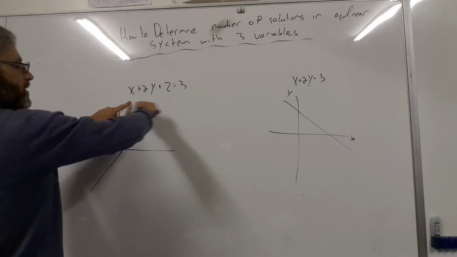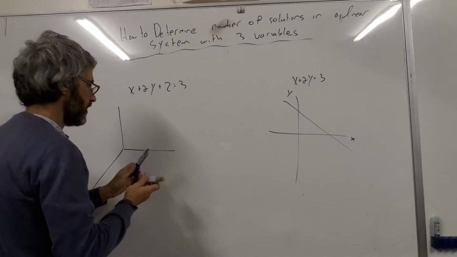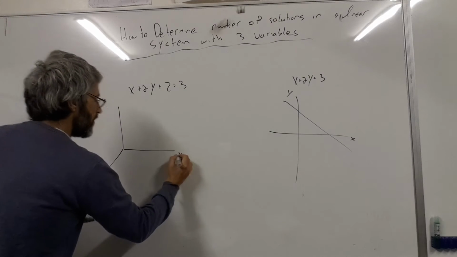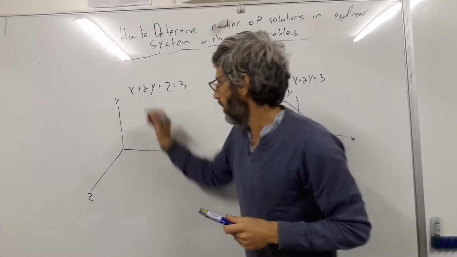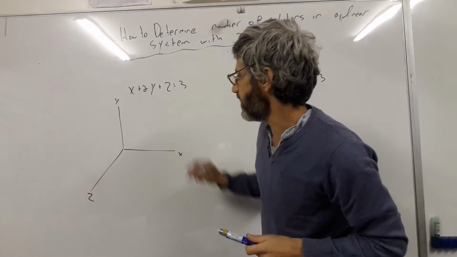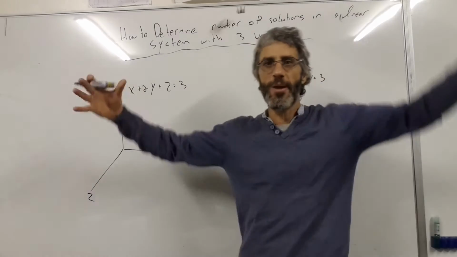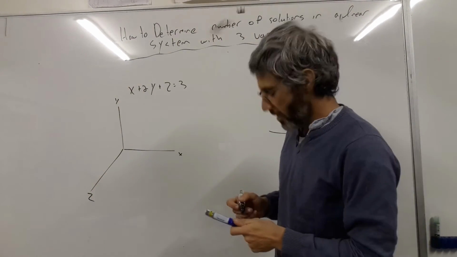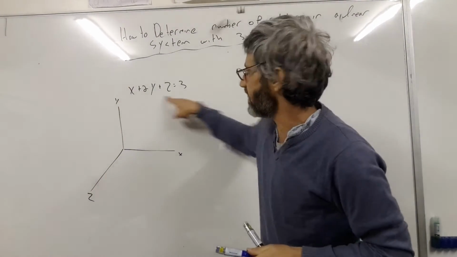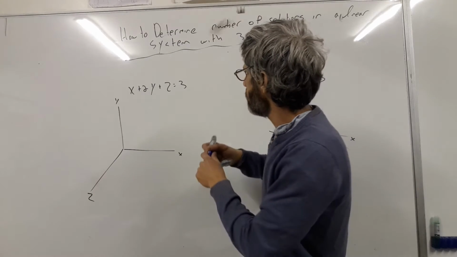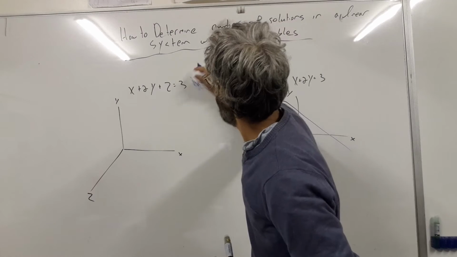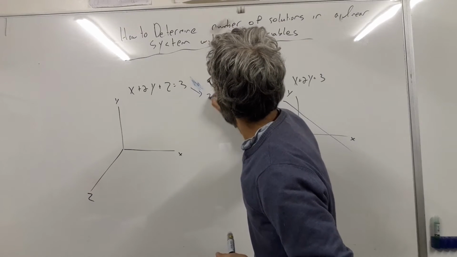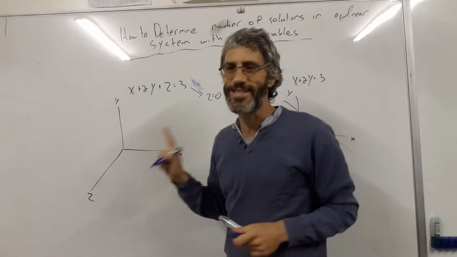So I've got 3 variables. I think this is maybe the first time you're seeing Cartesian axes with 3 variables, a 3-dimensional space. Now, to see that this thing is really a plane, let's write it down, but now we'll restrict z equals 0.